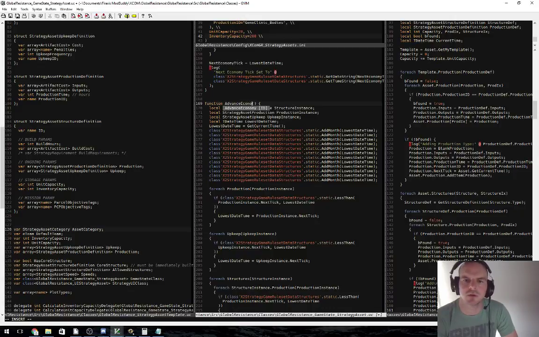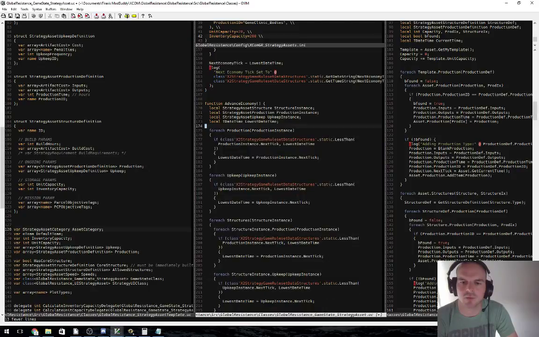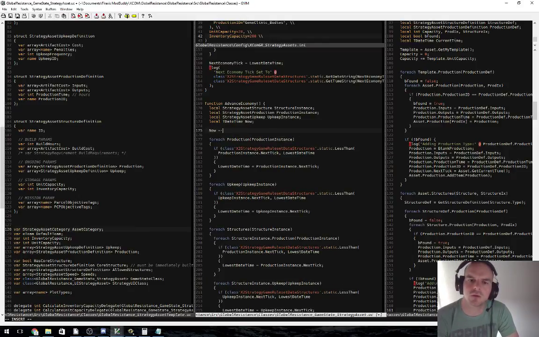Okay, so advanced economy. We do not need lowest economy, lowest date time, because we're not doing anything like that. It's more or less if it's less than, okay, now equals get current time.